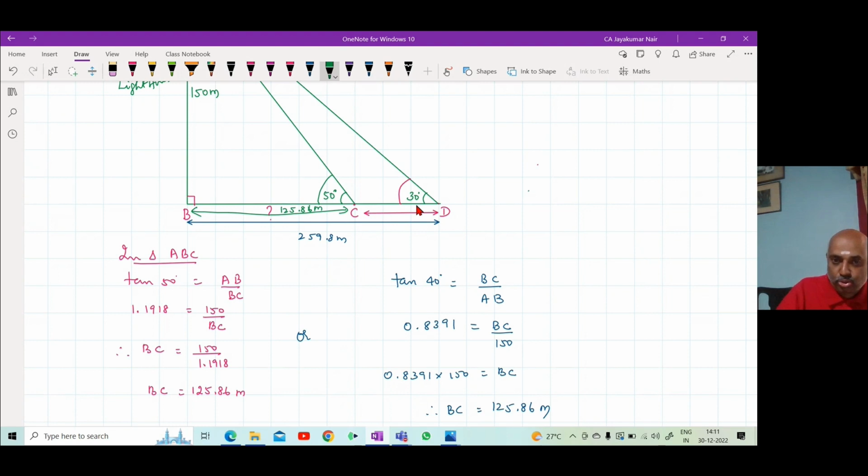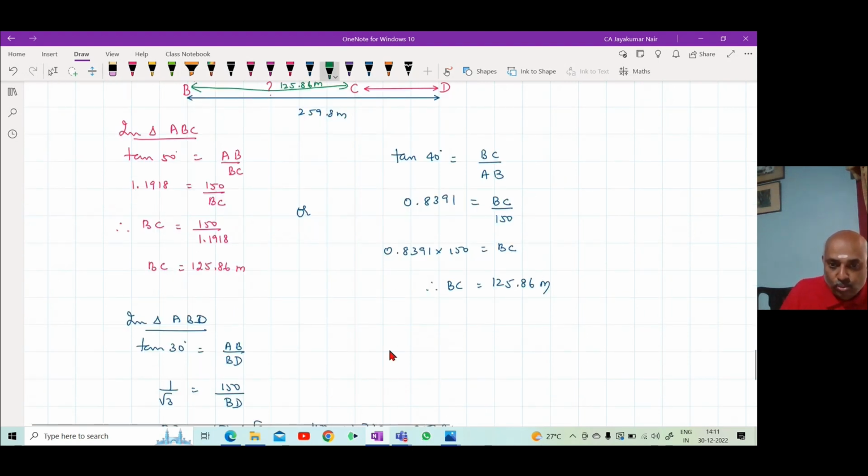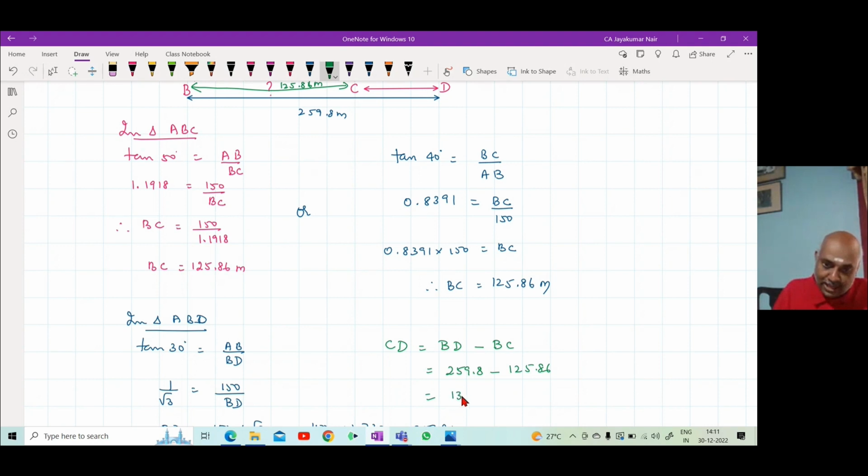So we can find out what CD is. To find CD, it is BD minus BC. So BD is 259.8 minus 125.86. If you subtract the two, you will get the answer: 133.94 meters. So this is the answer for the last question.